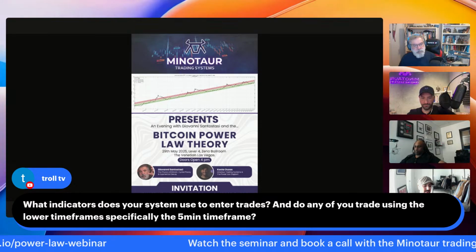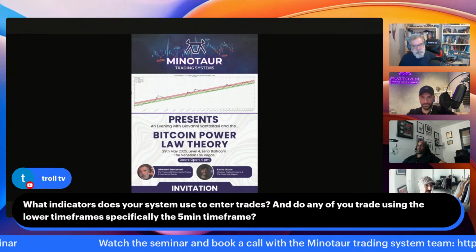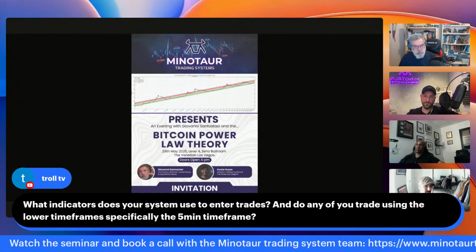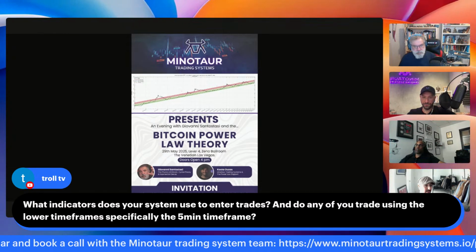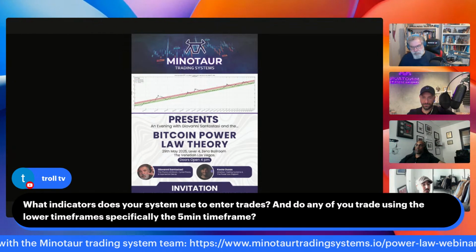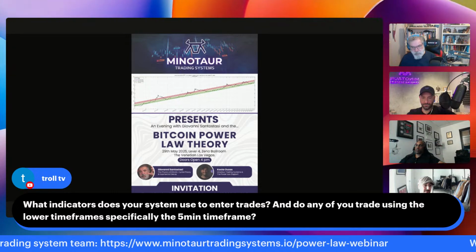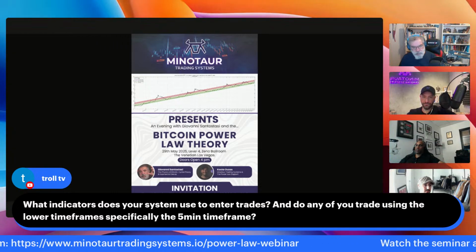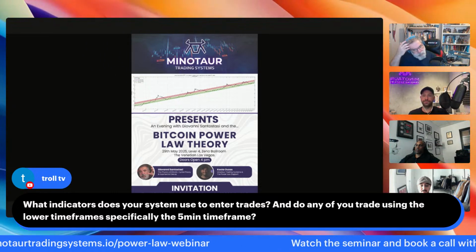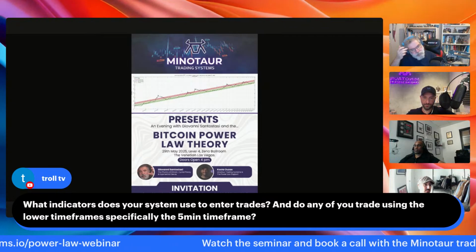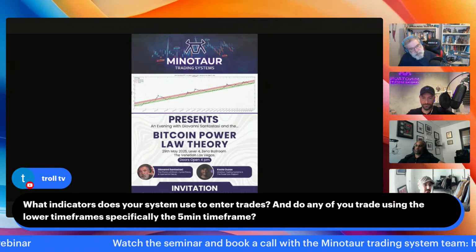So to make it clear, our system can efficiently run on most timeframes, but there are advantages to running it on higher timeframes, like you would see in traditional trading models, and advantages to running it on lower timeframes. If that's something you're interested in, please book a call with our team. We'll go into deep details about everything with you.